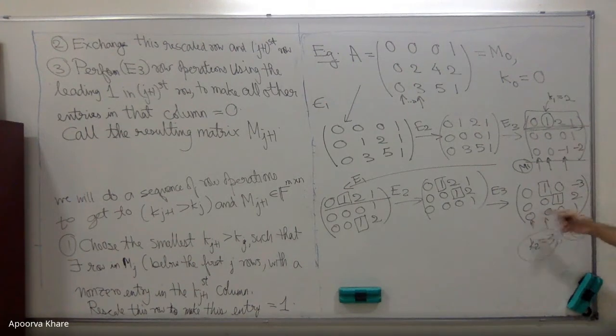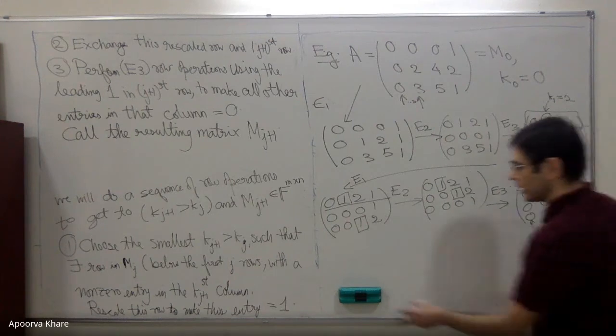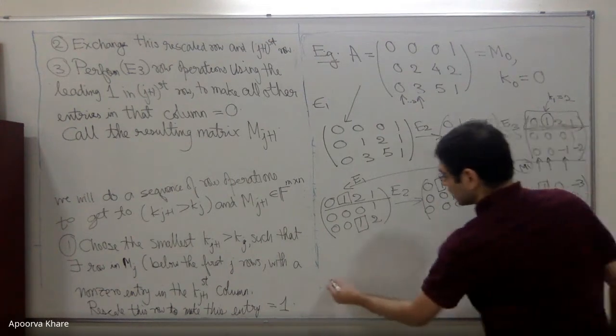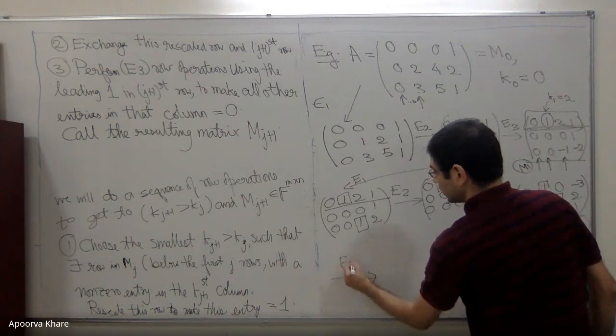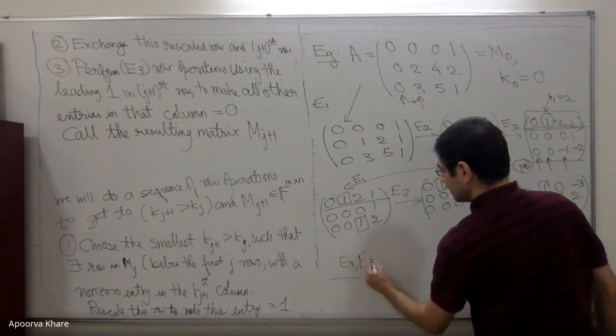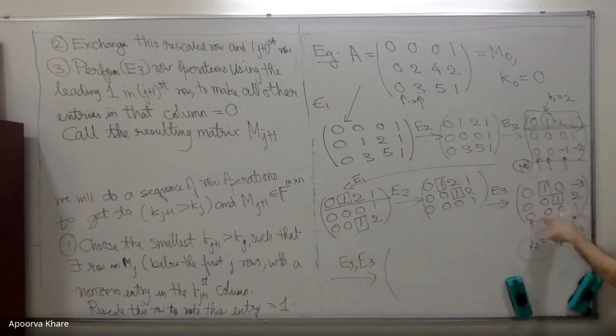And then finally, the last thing you do is the same. You identify that the first 3 columns are now gone. Look beyond that. Choose the smallest column bigger than K2. Well, there is only one more column, and indeed, it has a non-zero entry. So my K3 is 4. From this, I don't need to swap anything. This is already where it should be. But now I need to kill these 2 entries, and so do E3 twice. The point is, these 3 entries never get touched.